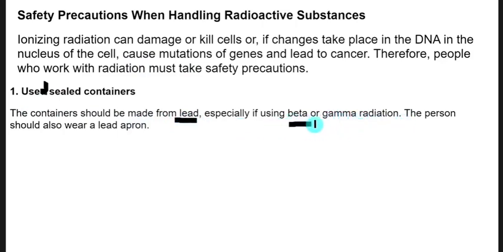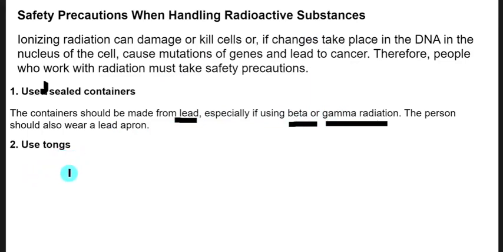Yeah, if they use gamma ray or beta, they need lead so that it can stop radiation from leaking out. Again, the person should also wear a lead apron. So these people who deal with this should also wear aprons made of lead. Then number two, use tongs.